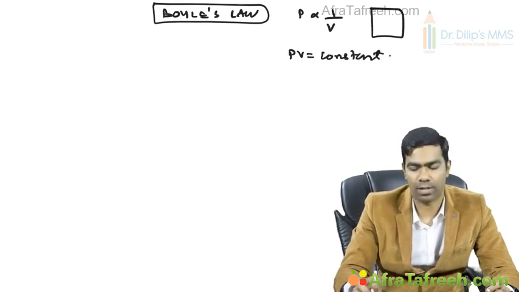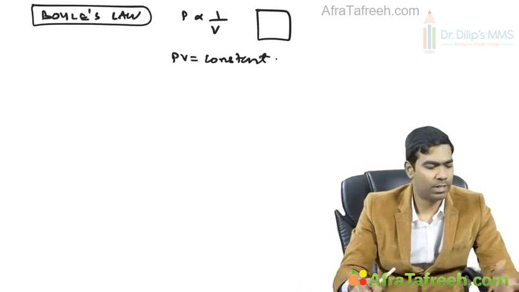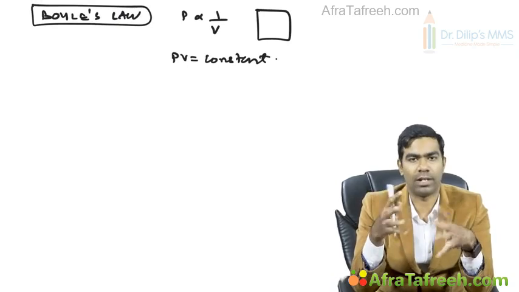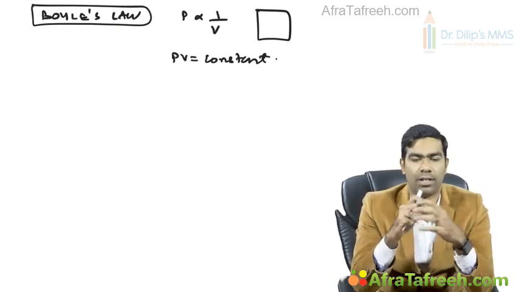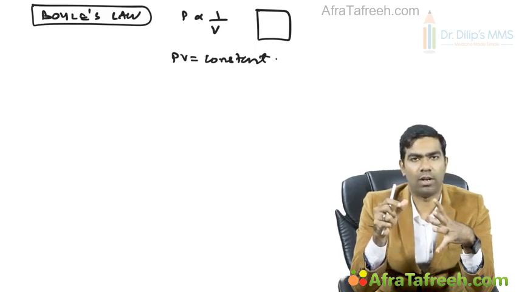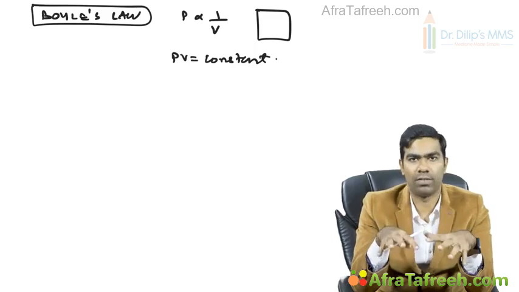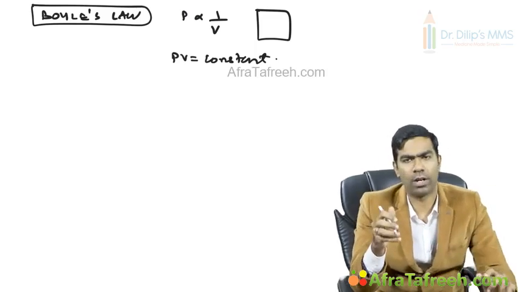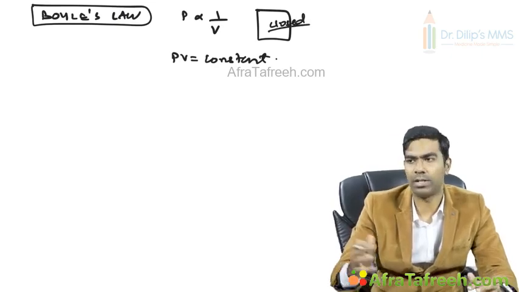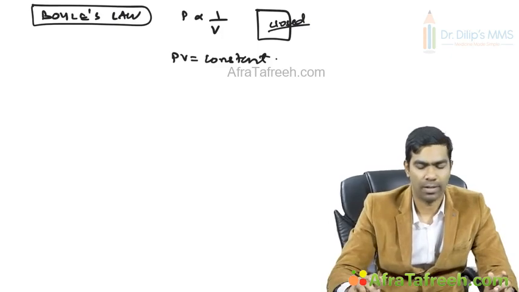Pressure-volume relationship must be constant, which means it's very simple. When you crush the water bottle with a closed lid, pressure will increase because the volume is decreasing. Similarly, when you expand that water bottle with a closed lid, since the volume is expanding, pressure inside will drop. Very simple mechanism. This is what we call Boyle's law, but it should be happening in a closed container, not in the open. Open means it's communicating, so Boyle's law will not apply.